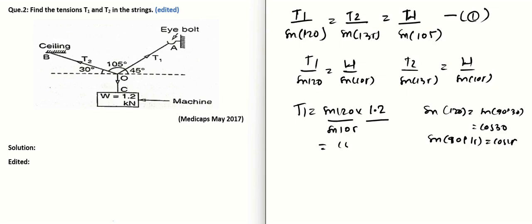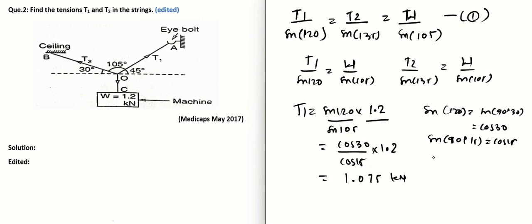So it will be cos of 30 divided by cos of 15 into 1.2, and the answer comes out to be 1.075 kilonewton as your answer for T1.